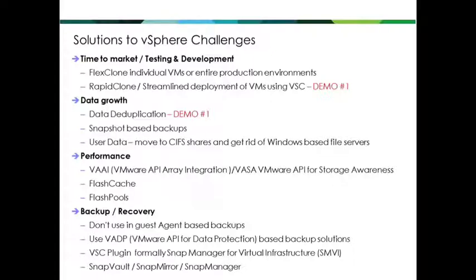Performance. These 3 things here I find are very poorly understood in the industry, and the value of these is not properly understood. So VAAI, VMware's API for array integration, fantastic feature, and it allows you to offload storage functionality to the array.